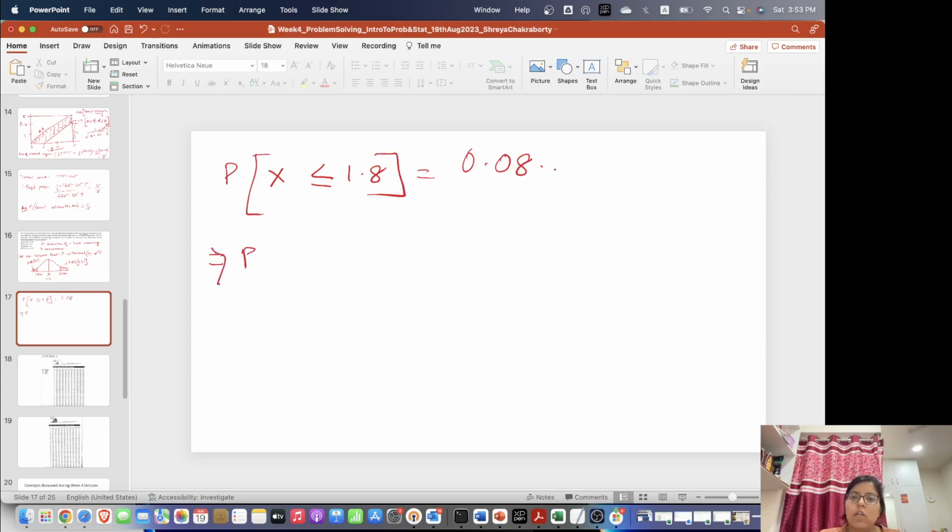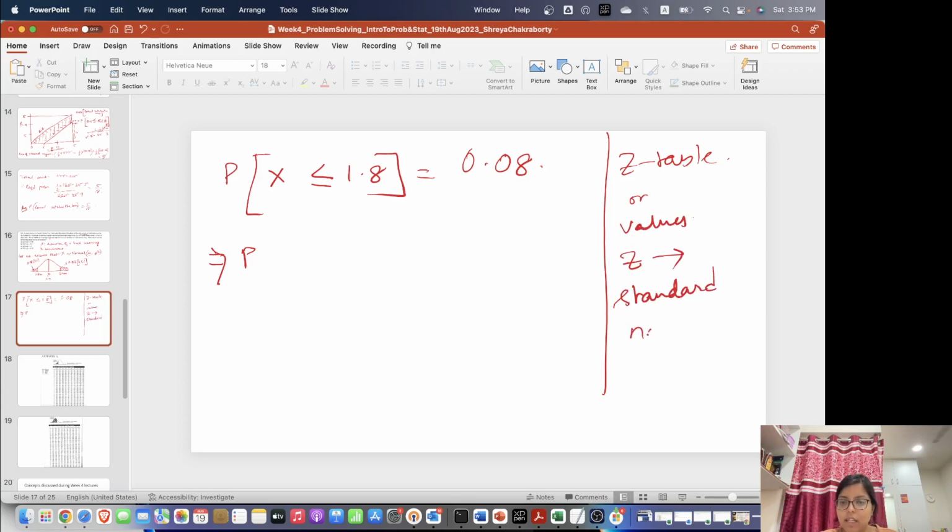Usually during exams we will be given a Z table or the values of the Z table. What does Z mean? It's a distribution that contains the probabilities of a standard normal distribution, normal 0, 1. This will usually be provided, either the values or the table itself.